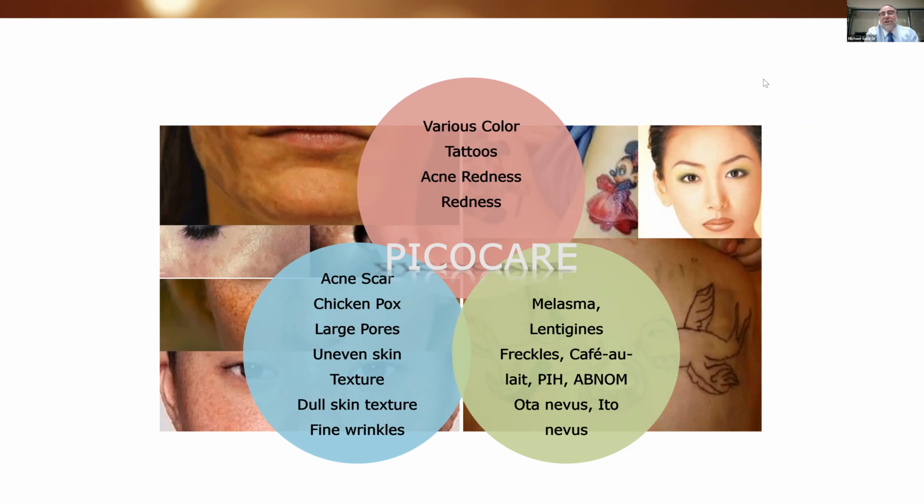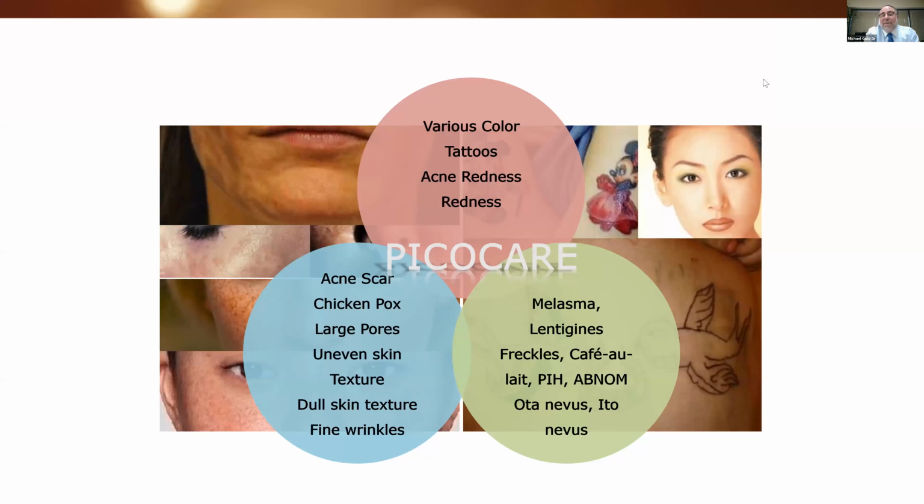However, having said all that, as was mentioned, the cost of these devices is not cheap. PicoCare is much better positioned in the market than some of the other ones, but they do come with a cost, and you can work with your local people on what that cost is. But we also asked, based on the science that we heard, where else can we use these devices that make sense?